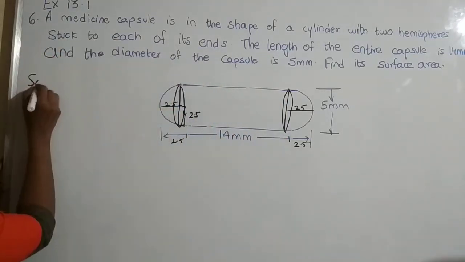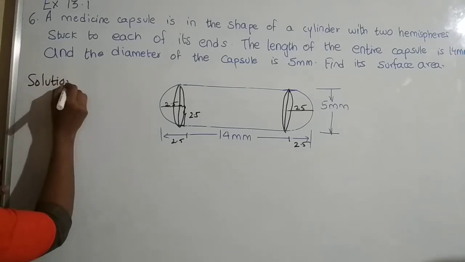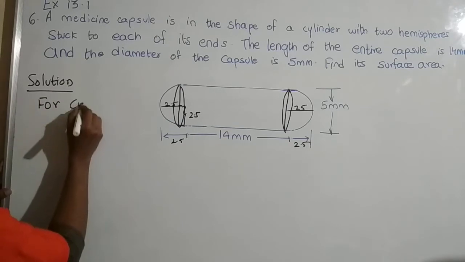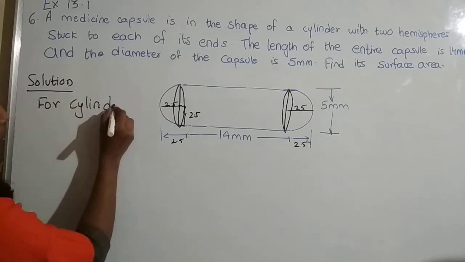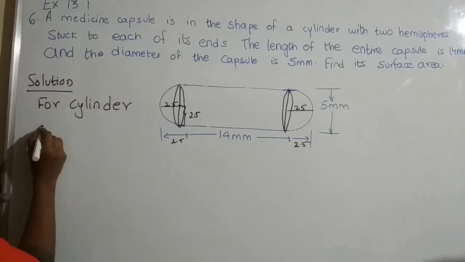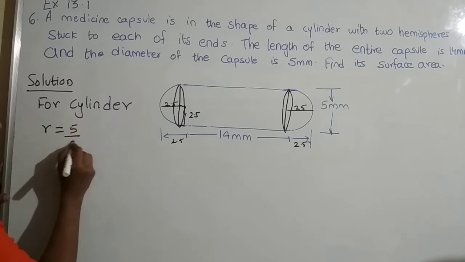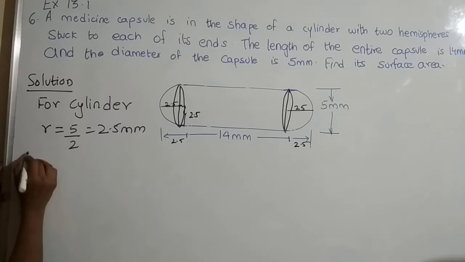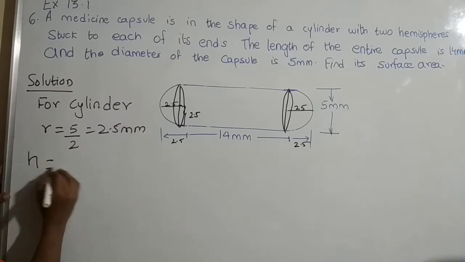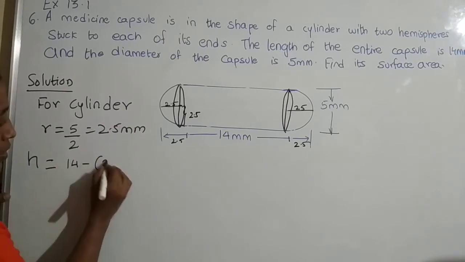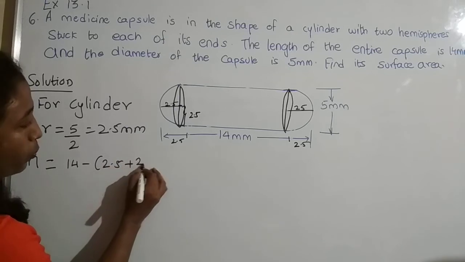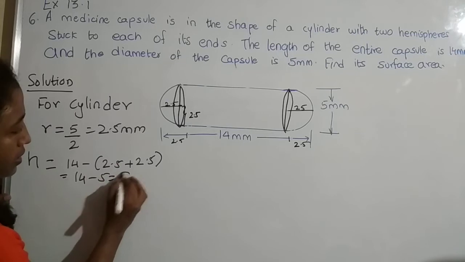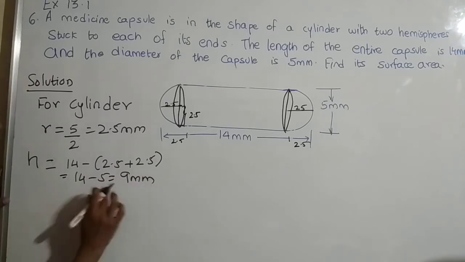So when we write the solution, we understand that there is a combination here. For the cylinder, what are the facts we know? R is nothing but 5 upon 2, that is 2.5 millimeter. The height of the cylinder H is 14 minus 2.5 minus 2.5, so we get 14 minus 5, that is 9 millimeter.